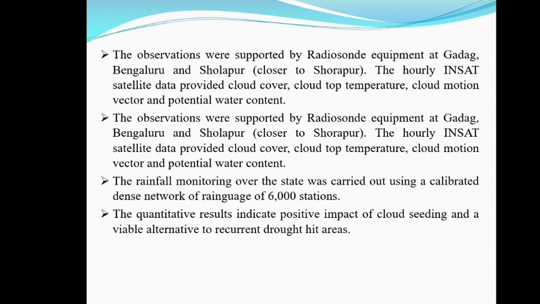Satellite data provided cloud cover, cloud top temperature, cloud motion vector, and potential water content. The rainfall over the state was monitored using a calibrated dense network of 6,000 rain gauge stations. The qualitative results indicate a positive impact of cloud seeding and a viable alternative for recurrent drought-hit areas.